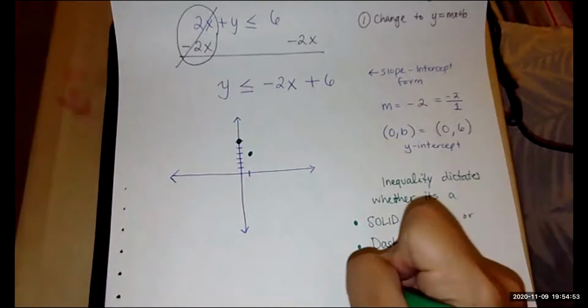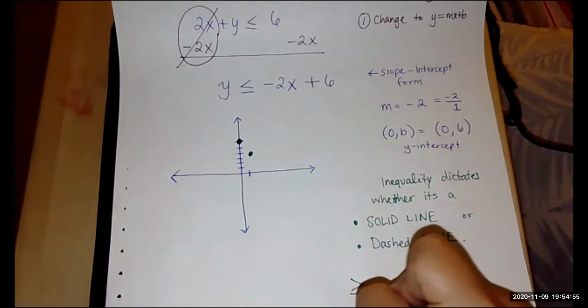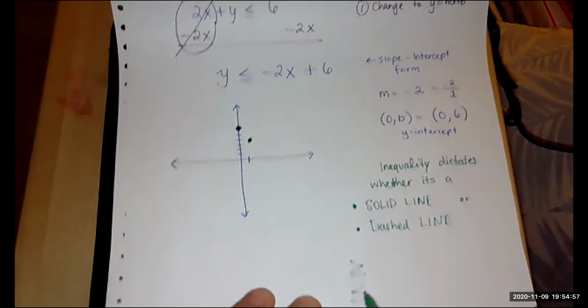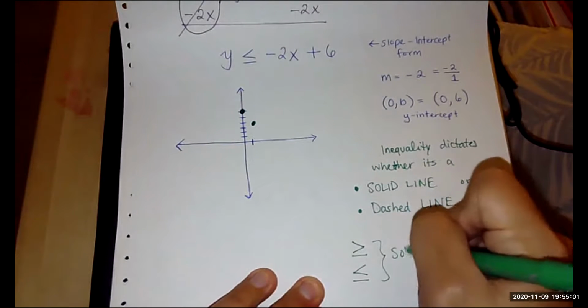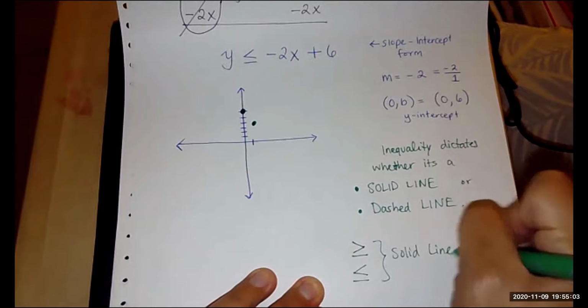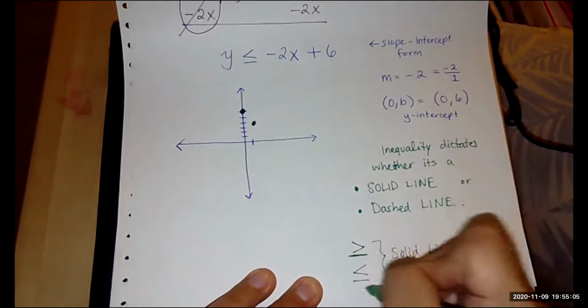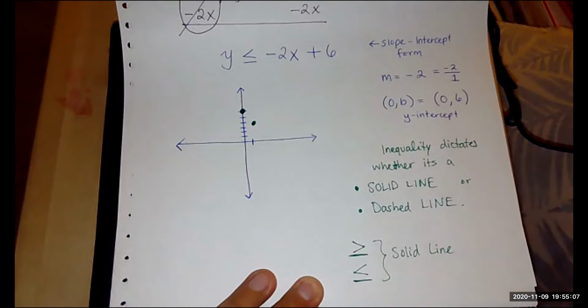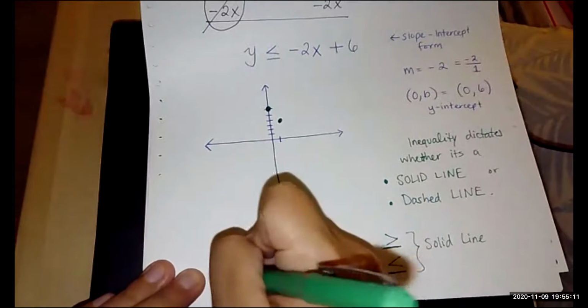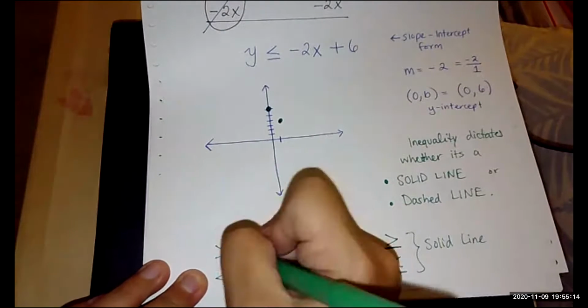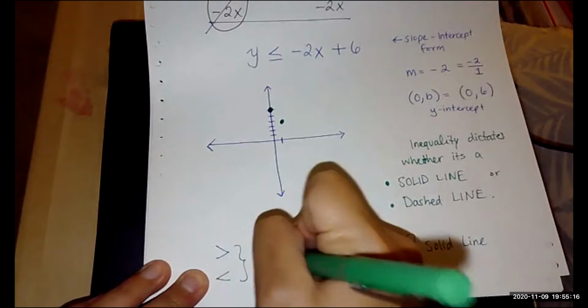So if you have either of these 2 symbols, then you can draw a solid line, because they have a little equal bar underneath them. But if you have this symbol or this symbol where you don't have the equal sign, then we're going to have a dashed line.